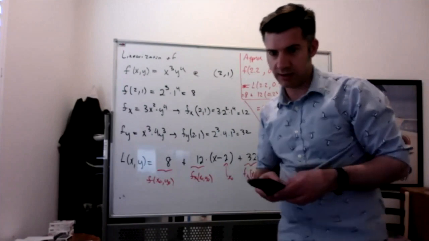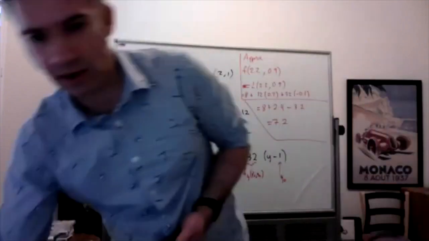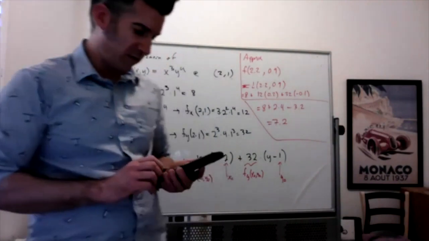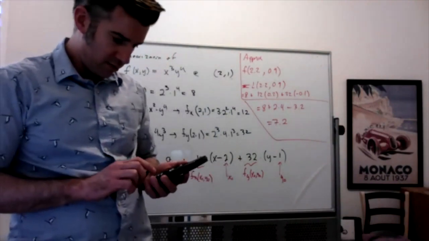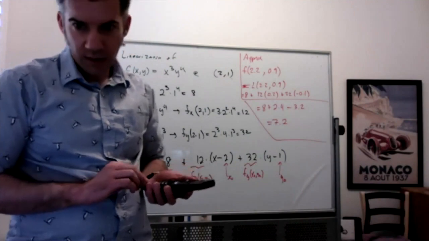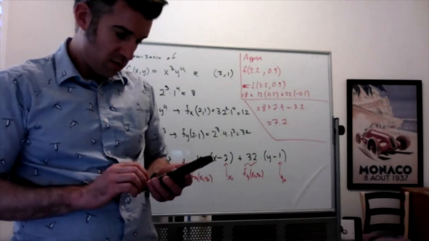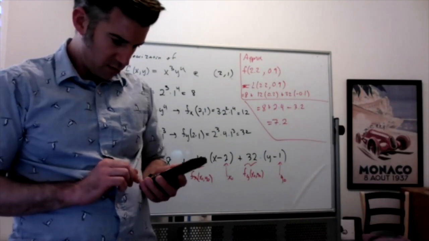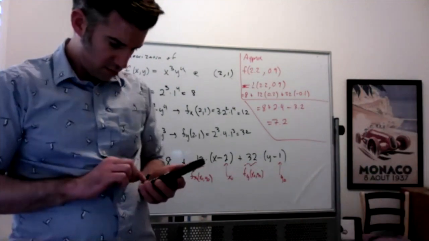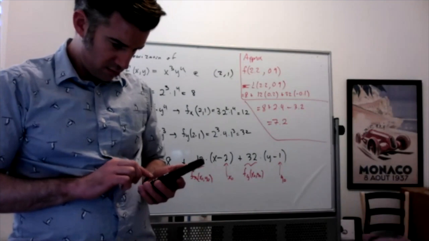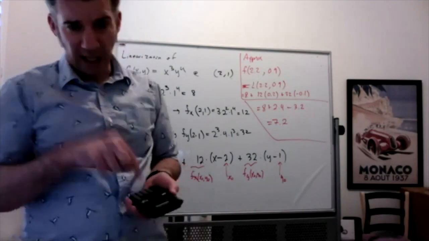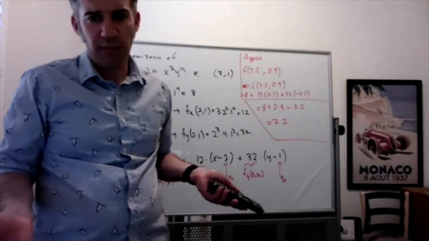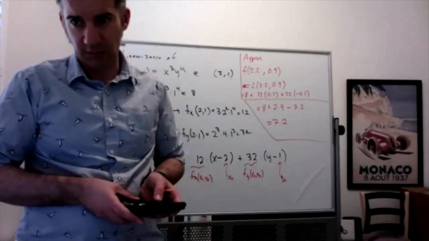Sorry, one second. Yeah, so if you actually use a calculator, you get 6.986. So not a bad estimate. I mean, not perfect, obviously, but decent.